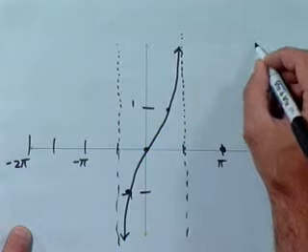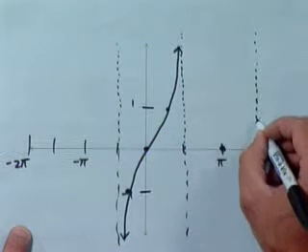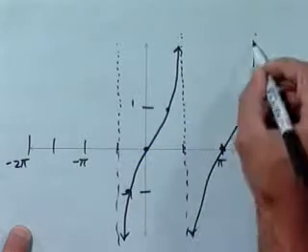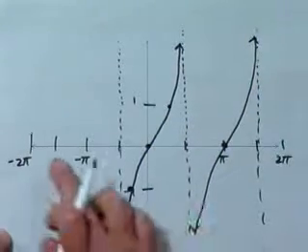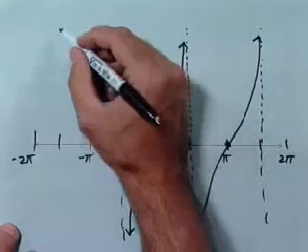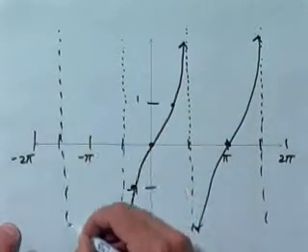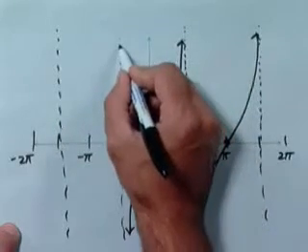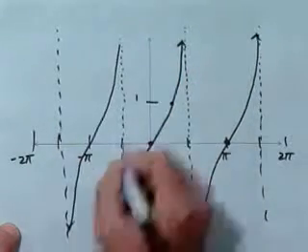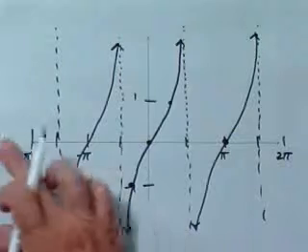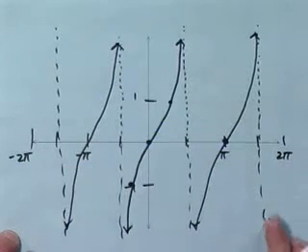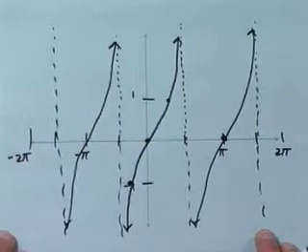We're going to have an asymptote over here at 3 pi halves. Okay. We can guess what's going to be over here. Another asymptote over here. And it's going to look something like this. Okay? It will repeat itself forever and ever. This is the graph of the tangent function.